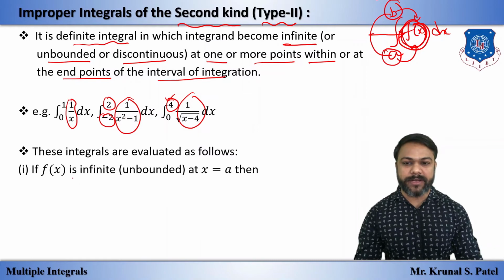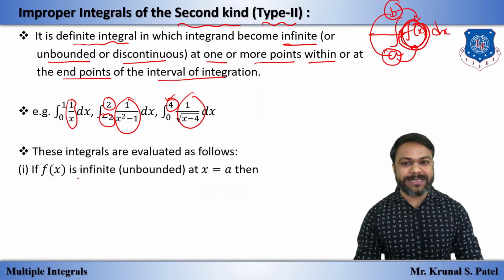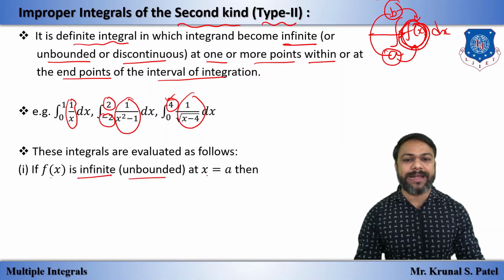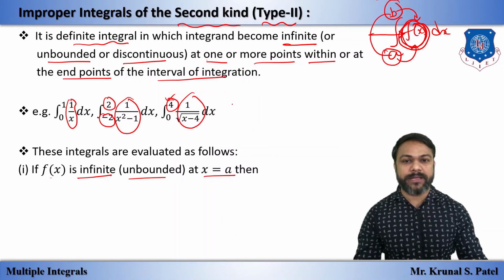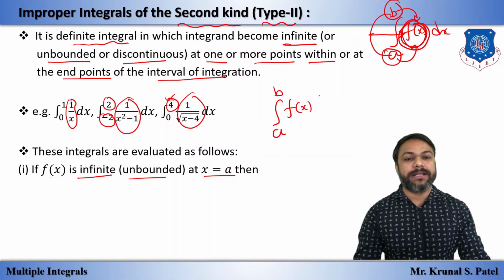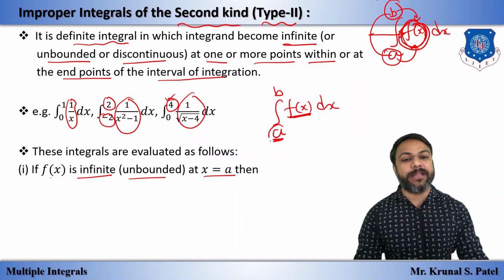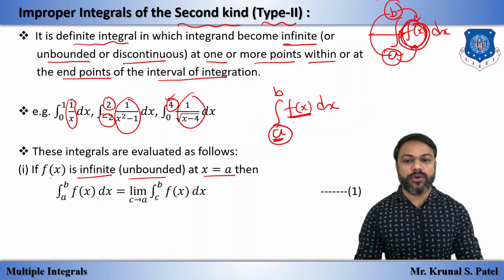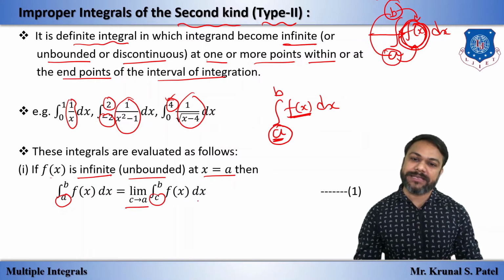Number one, if f of x is infinite, that means unbounded, at x equal to a, and we have the integral from a to b of f of x dx, then we will take the limit for this a. So a becomes c, because we have taken c tends to a. So c to b, f of x dx.